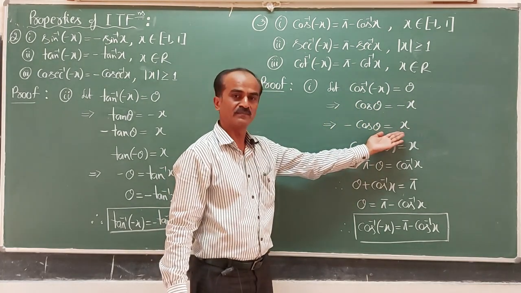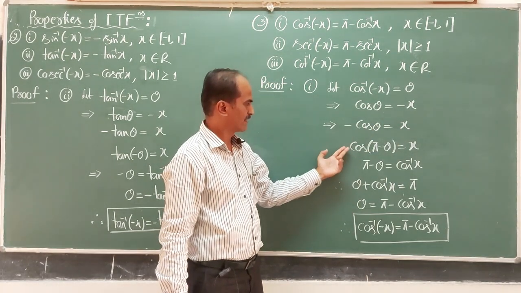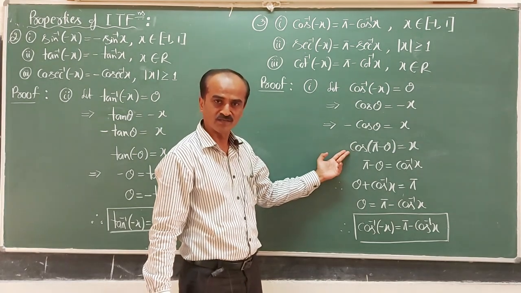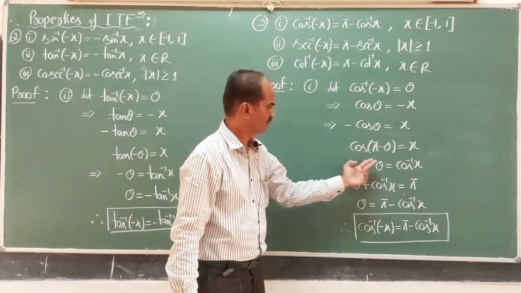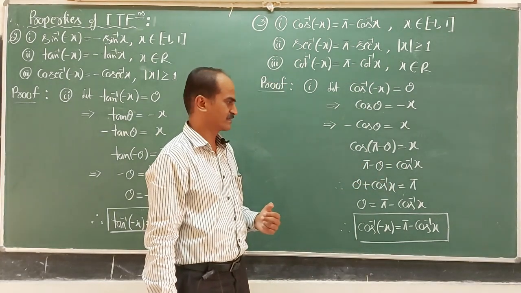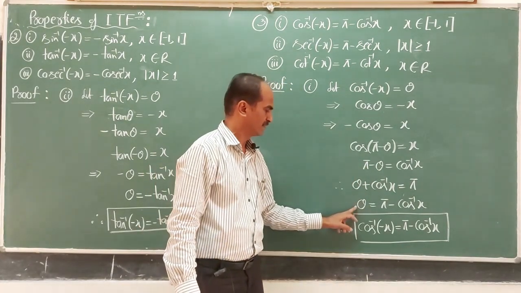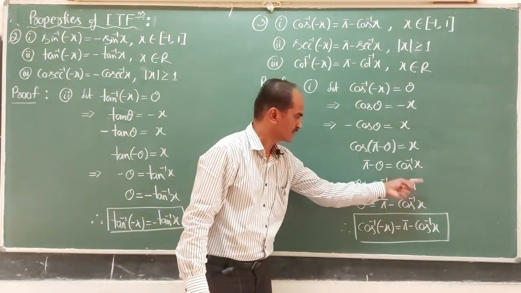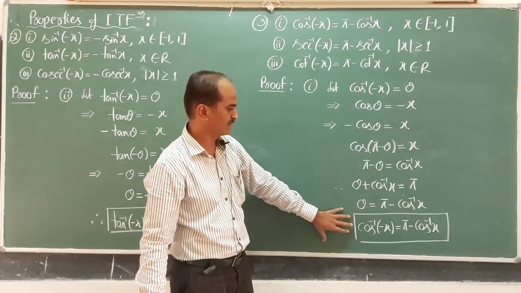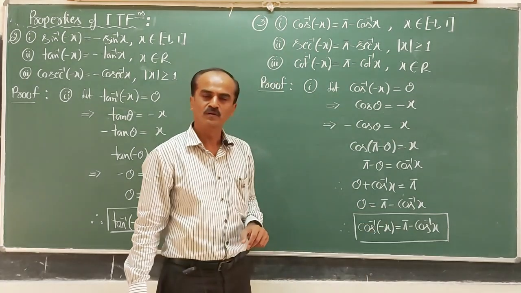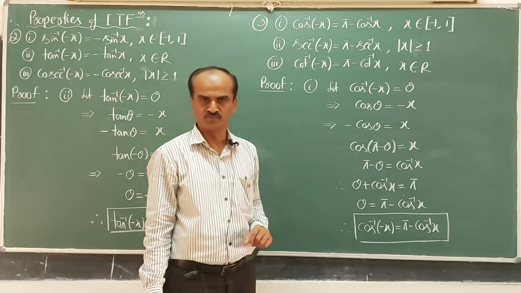Multiplying both sides by minus sign, minus cos theta equal to x. Then using allied angles, I wrote minus cos theta as cos of pi minus theta. Then using inverse function, I wrote pi minus theta equal to cos inverse x. I get theta plus cos inverse x as pi. Then theta equal to pi minus cos inverse x. Resubstitute theta. Therefore, I get cos inverse of minus x equal to pi minus cos inverse x. I hope you followed this proof.